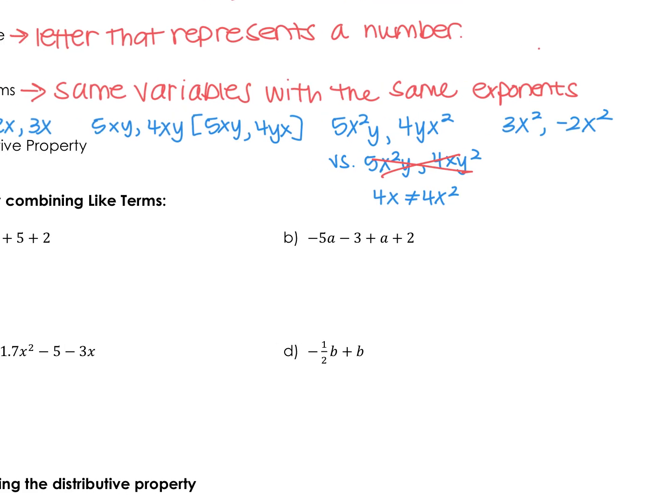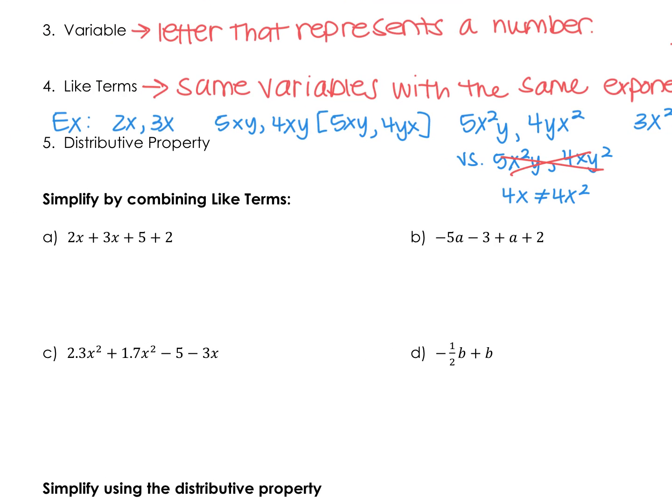Okay, and then I totally wrote into my distributive property area, but that's okay. I will just make it work. So for distributive property, our definition is multiplying an entire expression by a constant.